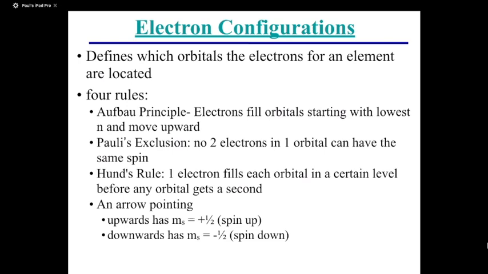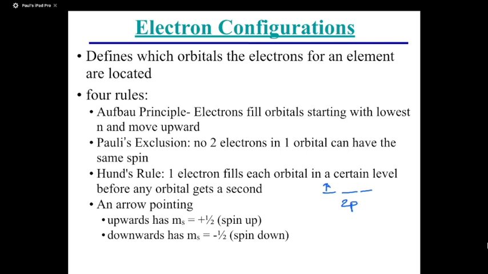Pauli exclusion principle says no 2 electrons can have the same spin. So if I actually show arrows, one has to be up, one has to be down. Okay. Hund's rule. Let's say you're getting into the P level, so let's say I'm doing 2p. Hund's rule says this. The first electron goes into one of them.